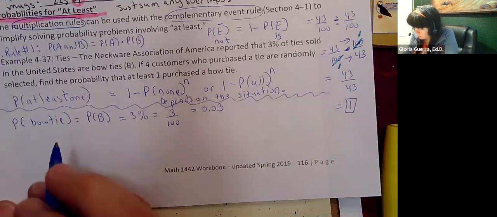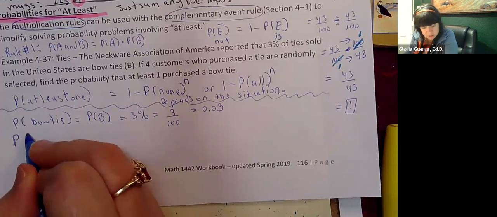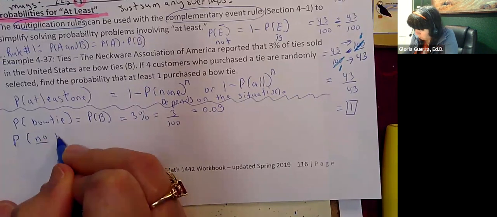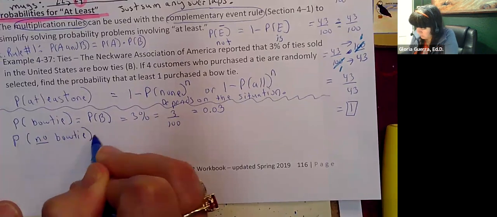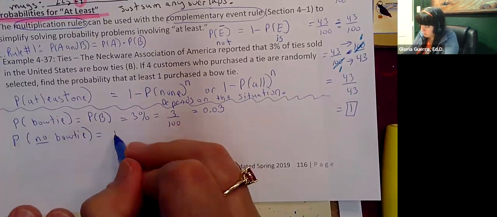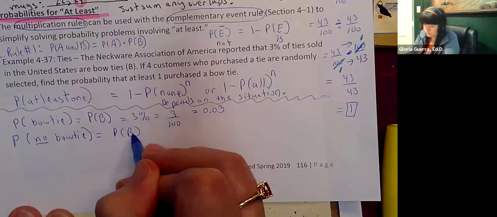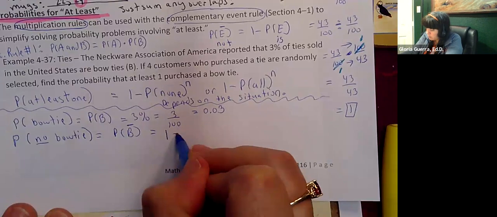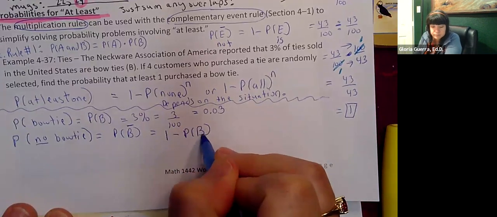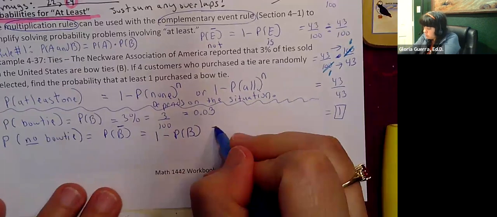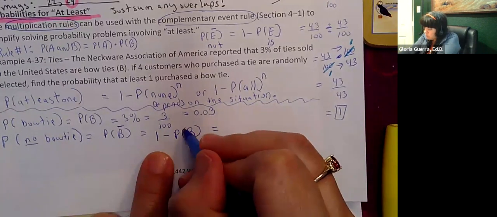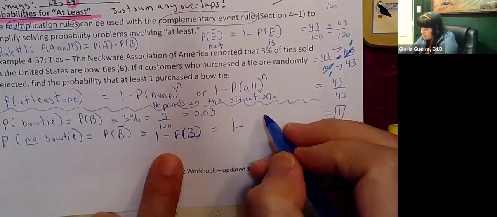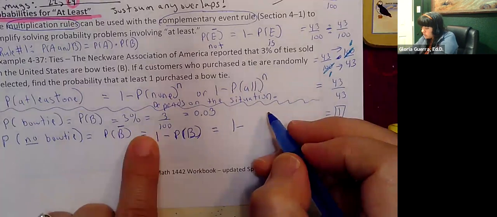And then probability of no bow tie would make this probability of B bar, which by definition is 1 minus probability of B. Well, probability of B is this 3%.